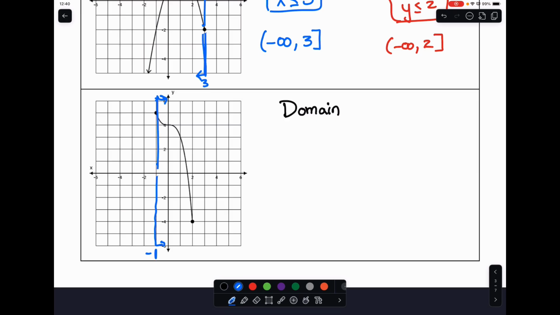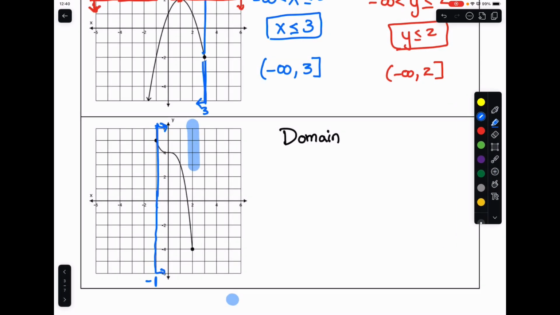So -1 is the lowest value that this function is going to reach along the x-axis. Now, what's the farthest right? If I start anywhere in the graph and try to move to the right, which is also moving me down, the farthest right I reach is this point right there, which intersects the x-axis at +2.